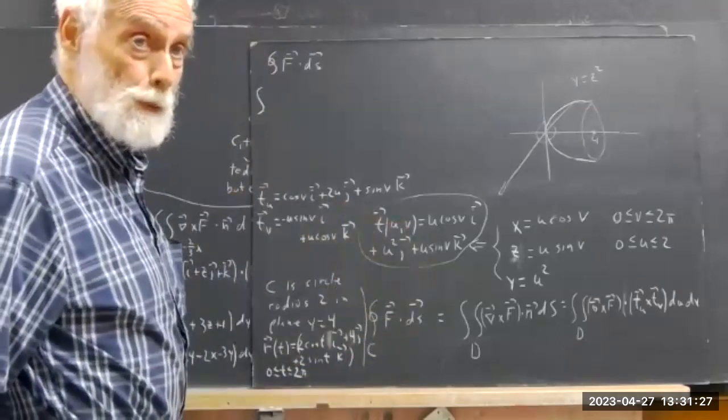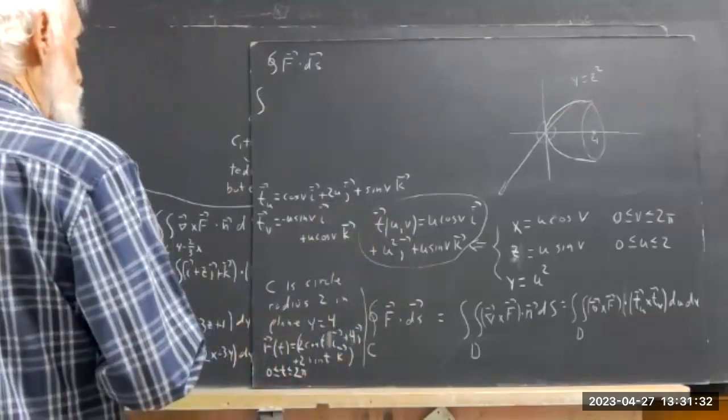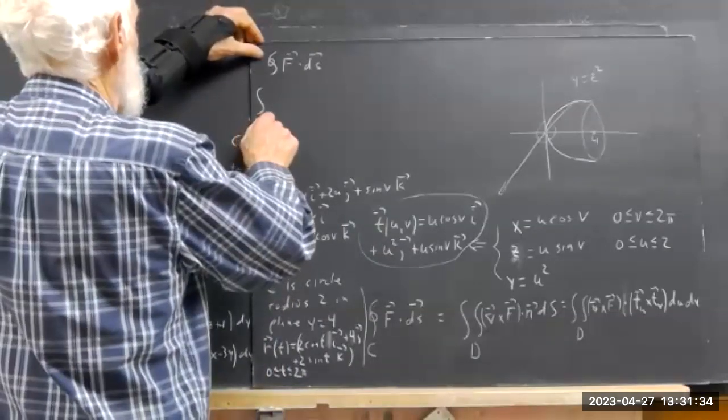These are going to go from 0 to 2π. And there's no T dependence in J. Okay, so it's the integral from 0 to 2π.